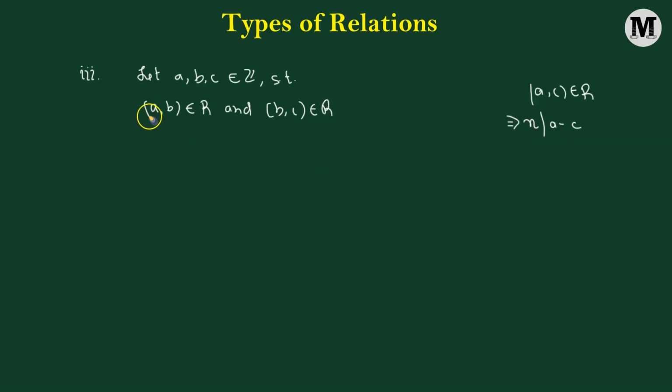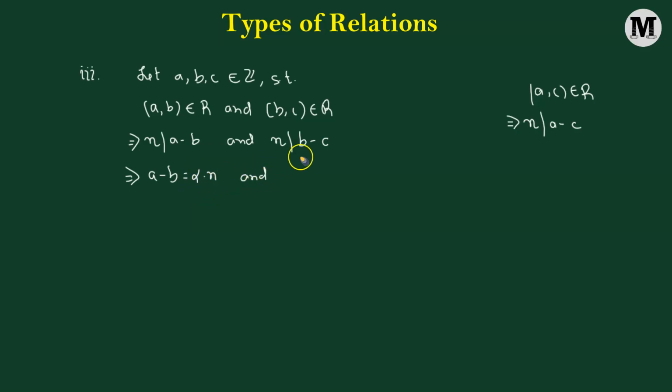So let's try to show that. a comma b belongs to R, according to the definition, means n divides a minus b. And the ordered pair b comma c belonging to R simply means that n divides b minus c. Now n dividing a minus b can also be thought of as a minus b equals some multiple of n, so here we will consider alpha times n.